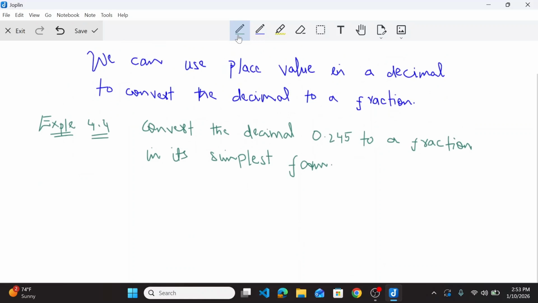What we will do first, we can use a place value in a decimal to convert the decimal to a fraction. So, solution of this: first of all, we have a number. Let's suppose n is that number, 0.245.